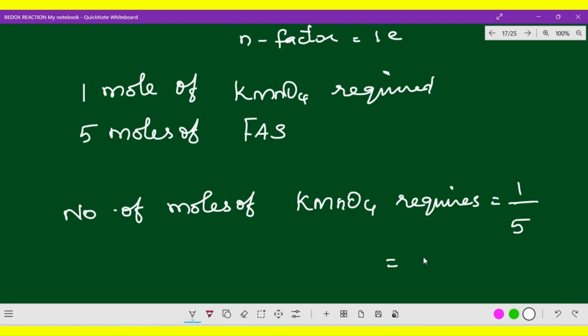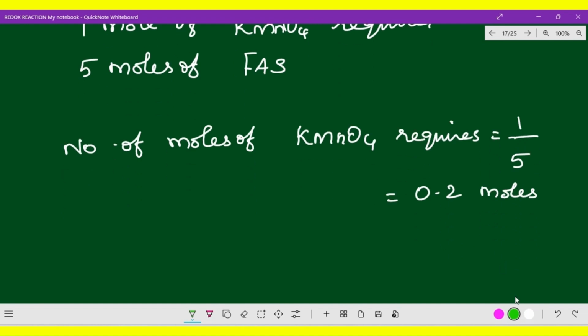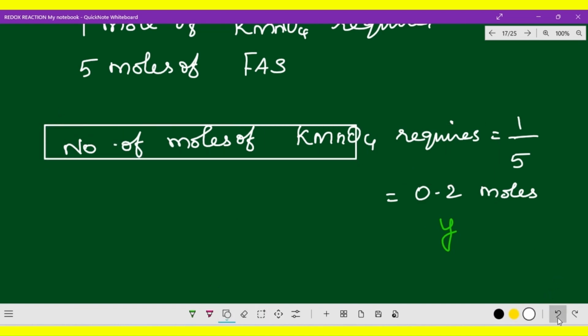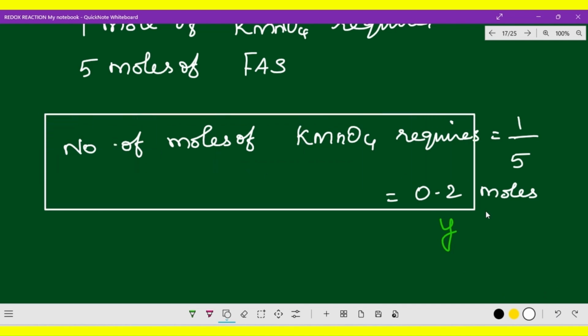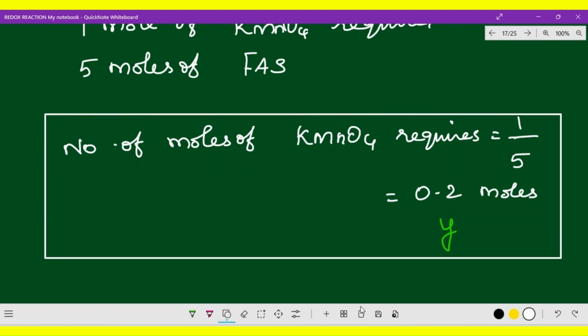So 1 by 5 equals 0.2 moles, and we take that as Y, because we have to identify the mole ratio. So for stannous sulfate, that is X, and this is Y. I hope you got that idea.